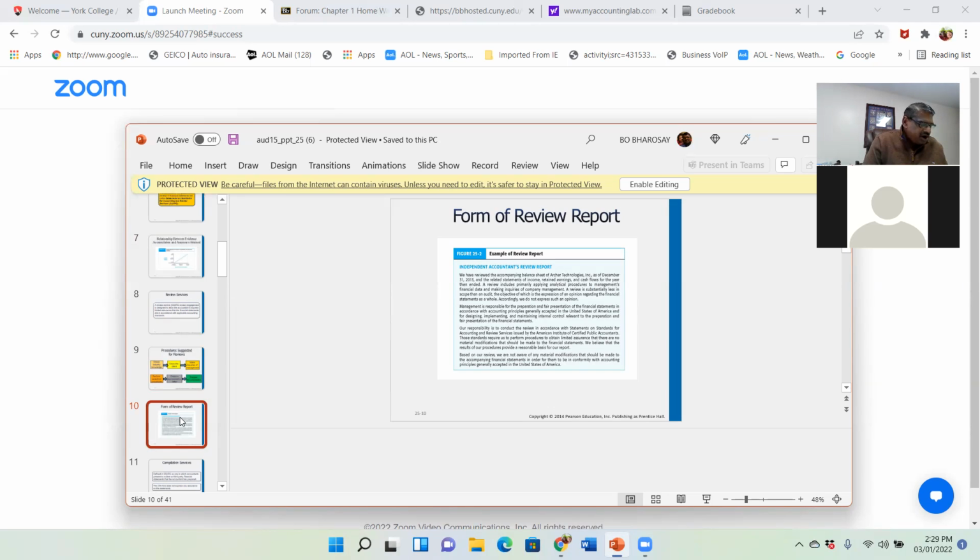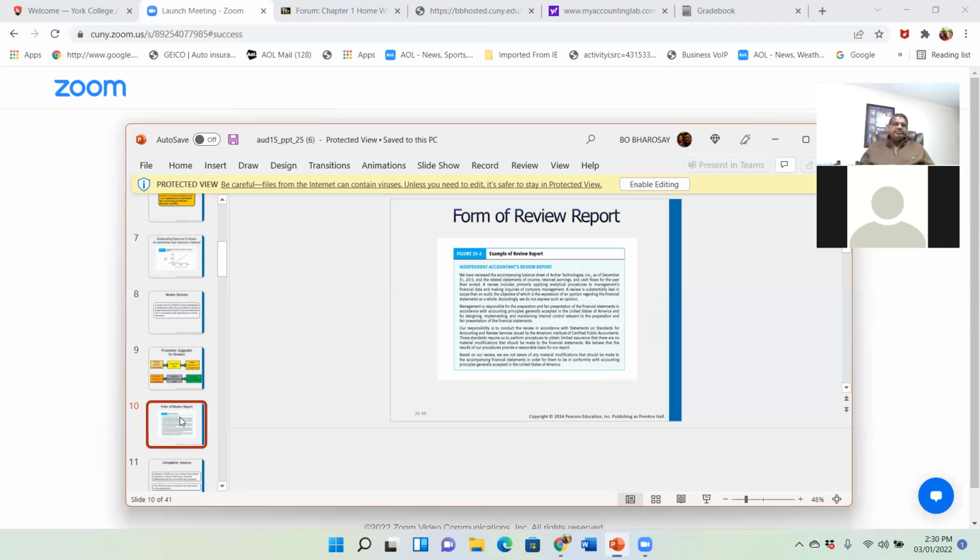Those standards require us to perform procedures to obtain limited assurance, underline that term, limited assurance, as a basis for reporting whether we are aware of any material modifications that should be made to the financial statements for them to be in conformity with accounting principles generally accepted in the United States of America. We believe that the results of our procedures provide a reasonable basis for our conclusion.